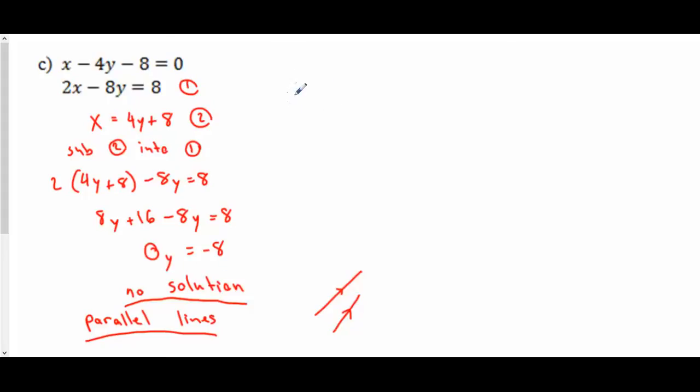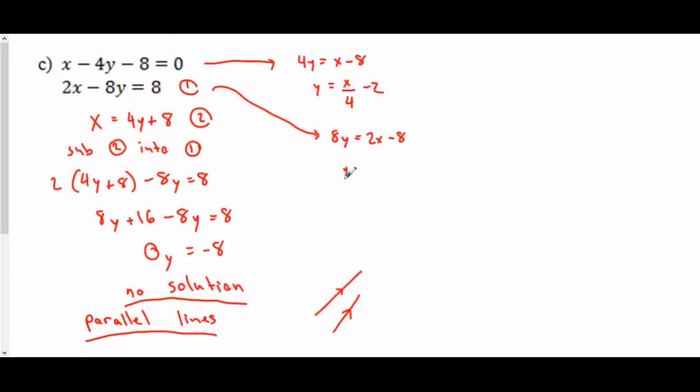To prove this to you guys a little differently, let's think if we rearranged both of these equations for y and looked at the slopes. Right, for this first one, I would have 4y equals x minus 8. Divide everything by 4, I have y equals x over 4 minus 2. The other equation, if I rearrange that for y, I'll have 8y equals 2x minus 8.